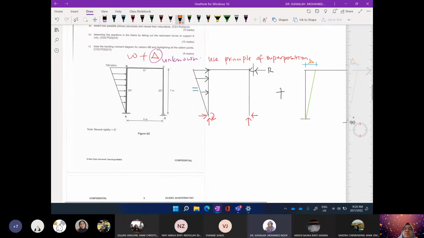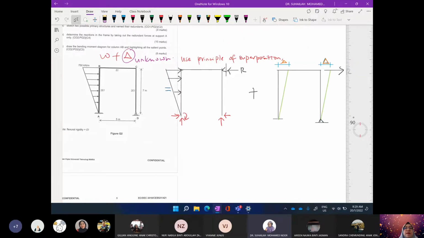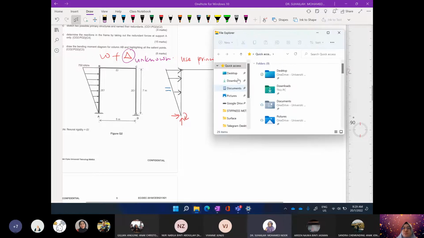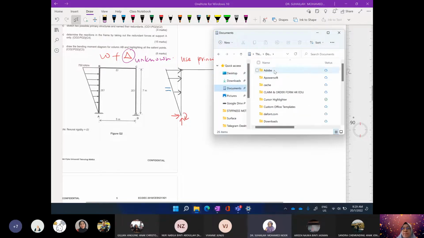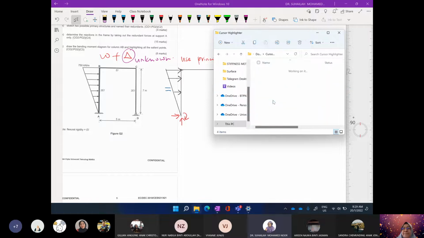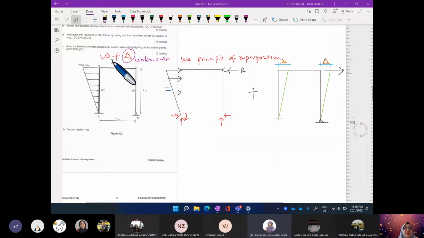Okay, so you get the idea. So we have W, and we have delta. We have W plus delta in the main diagram.